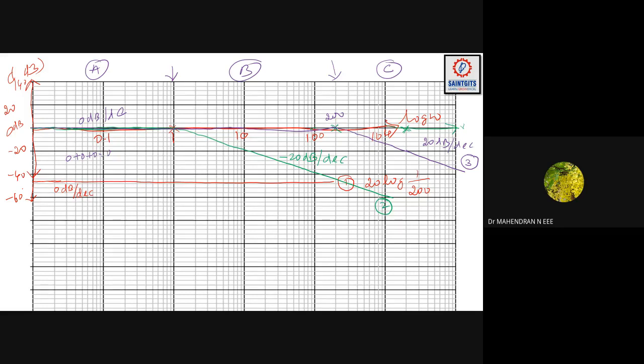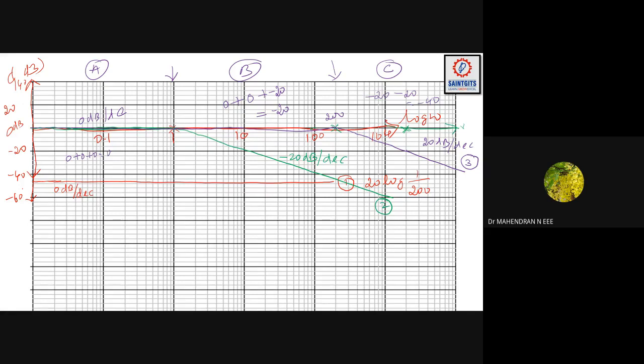Portion B is 0 plus minus 20, so it will be minus 20 dB per decade. At C, it will be minus 20 and minus 20, so minus 40 dB per decade. So this is the condition.